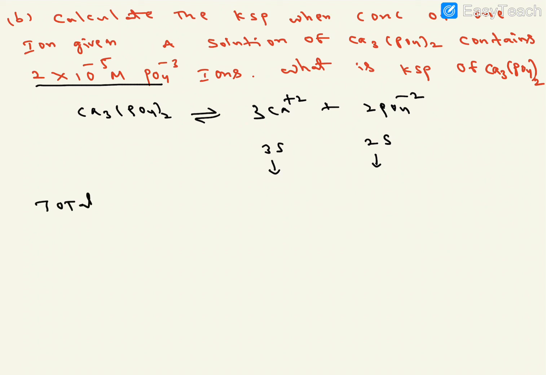The PO4 3 minus concentration is 2S, and 2S is equal to 2 into 10 to the power of minus 5 molarity.